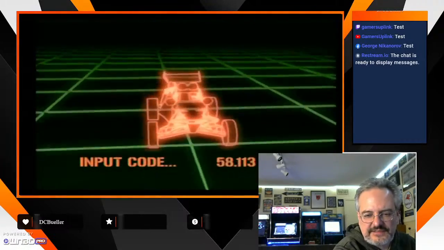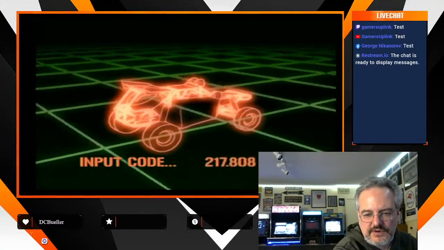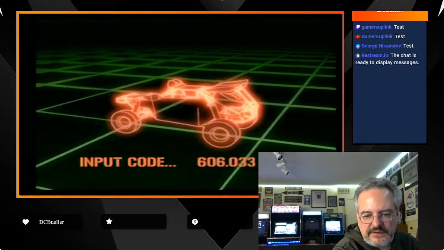I just noticed that the outline of this one little frame is off. That bothers me.